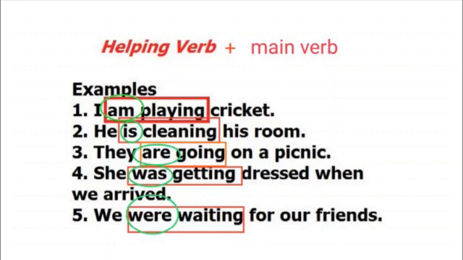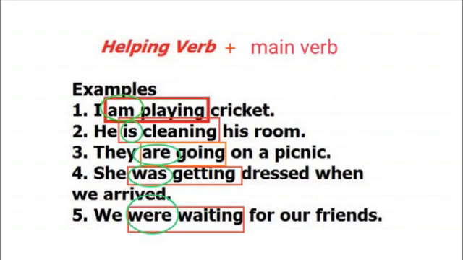Here, remember, we have both the action verb and the helping verb. Now let me read the first one. I am playing cricket. What is the action here? Playing. Okay? And before playing, what comes? Helping verb. Here the helping verb is am.